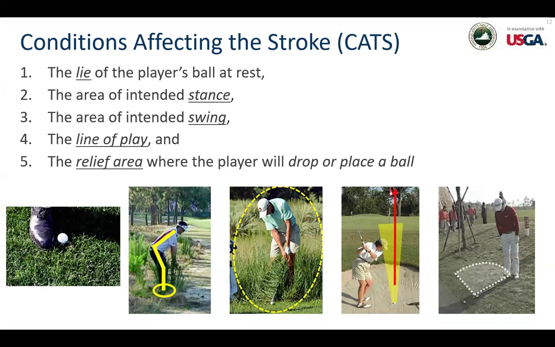It also includes an area on either side to include where the ball might go, because we all know that we're not perfect, and even though we want the ball to go a certain place, there is an area for margin of error there, and it also goes upwards too. And then the 5th one is our relief area. Relief areas were included in the revision of the rules in 2019, so it includes an area called the relief area that we will drop or maybe place a ball when the rules do require or allow us to do so.